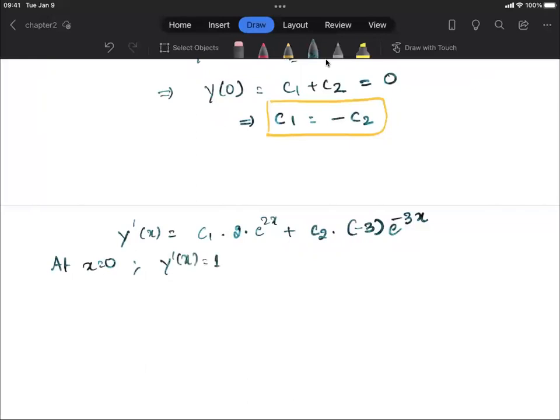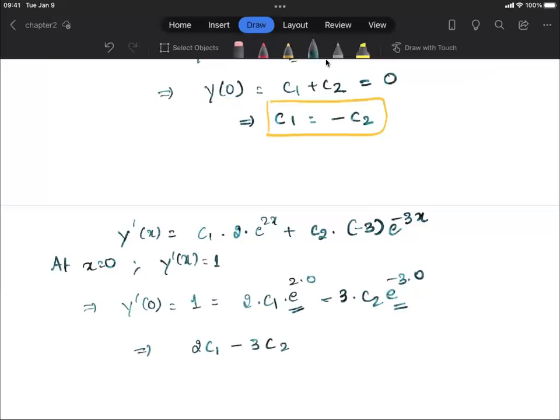That's the boundary condition, right? So that implies the first derivative at x equals 0 is going to be equal to 1, which is equal to 2 times c1 times e to the power 2 times 0 plus negative 3 times c2 times e to the power this. So this and this e to the power 0 terms are going to be equal to 1. That implies 2c1 minus 3c2 is equal to 1.